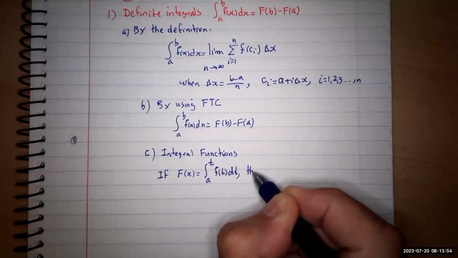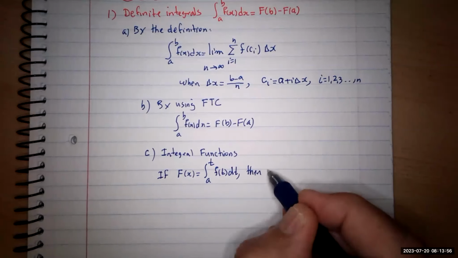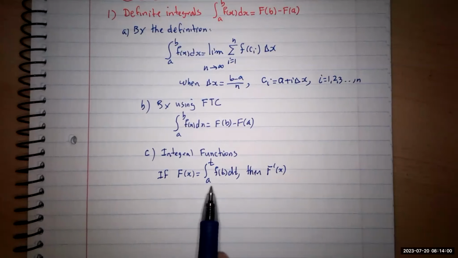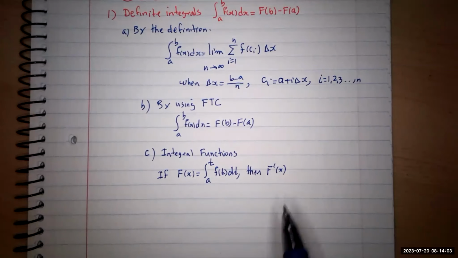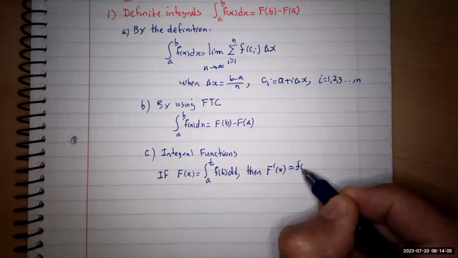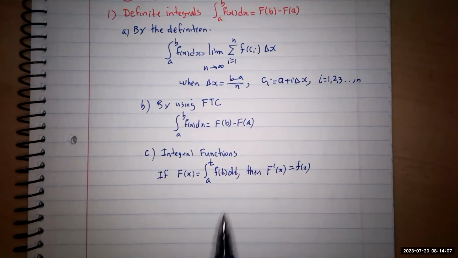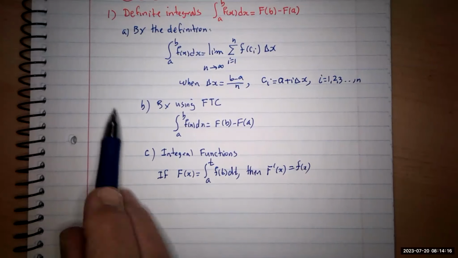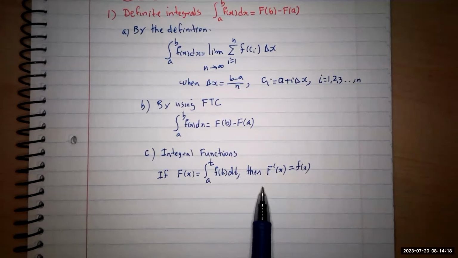If you want to differentiate it, f prime of x is equal to, you want to find the derivative of the antiderivative of a function. The result would be simply the function. So you drop the integral and replace the t by x. Then you find the f prime, and we may ask you to find the f double prime as well. So one question on the integral functions for this test and for the final.